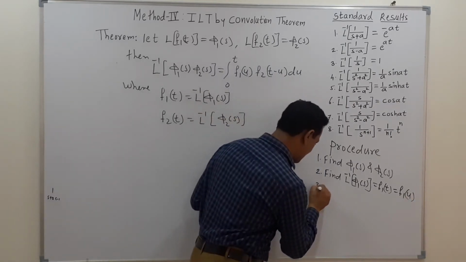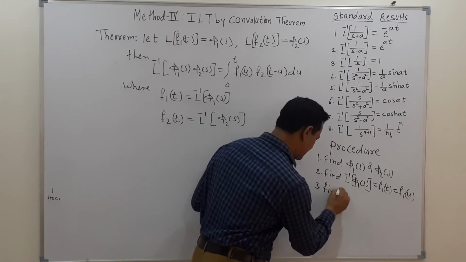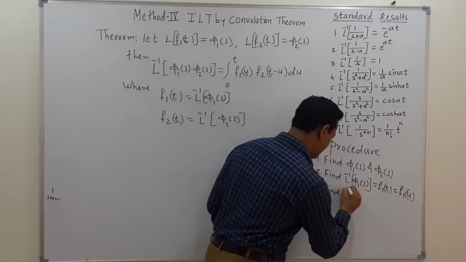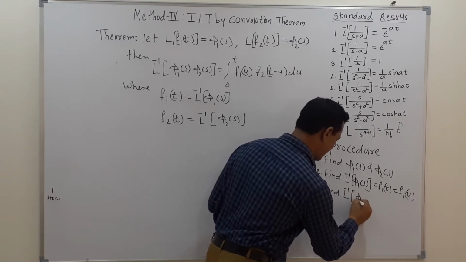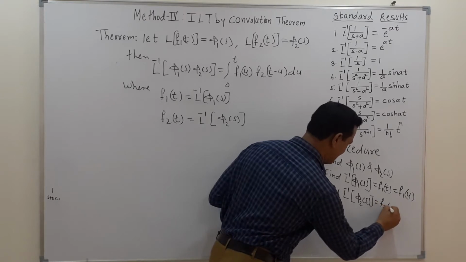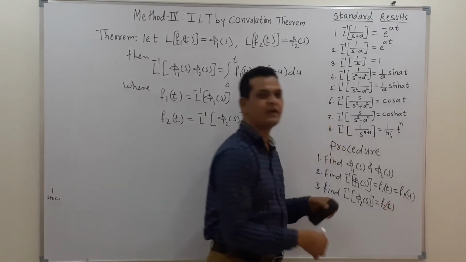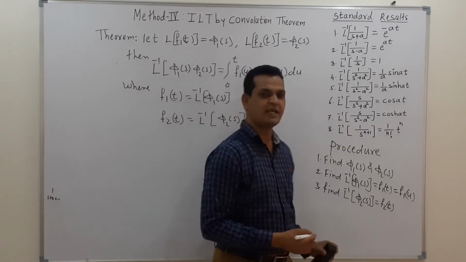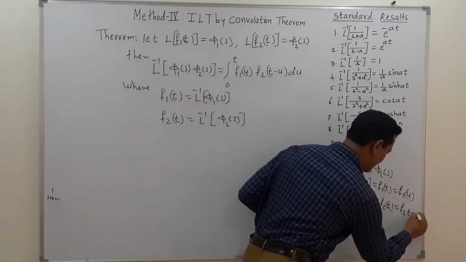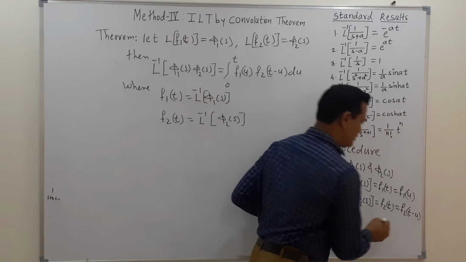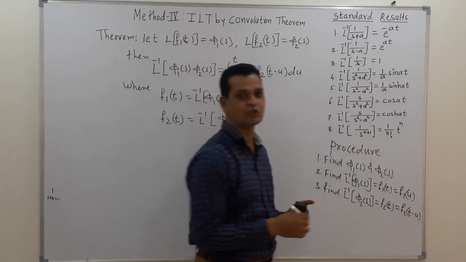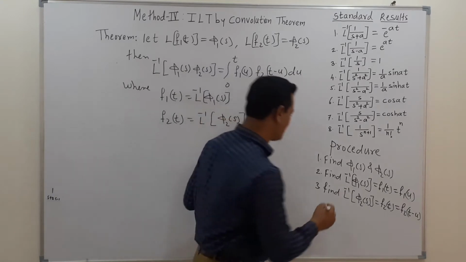This is the second step. The third step is to find the inverse Laplace transformation of phi 2 of s, and we get the second value, f2 of t. Again replace t by t minus u, so we get f2 of t minus u. This is the third step for solving an example based on this convolution theorem.